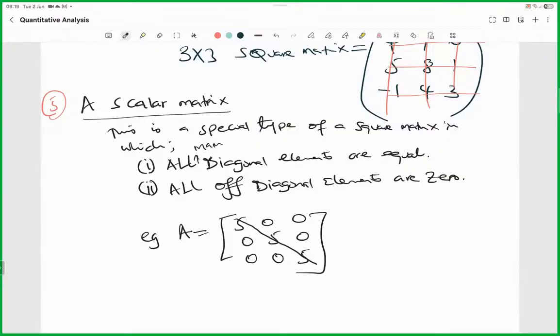A very good example of a scalar matrix is the identity: 1, 0, 0, 0, 1, 0, 0, 0, 1. All the main diagonal elements are equal, with all off-diagonal elements being 0.